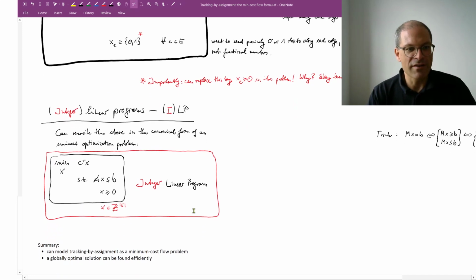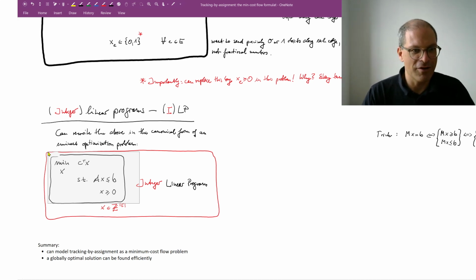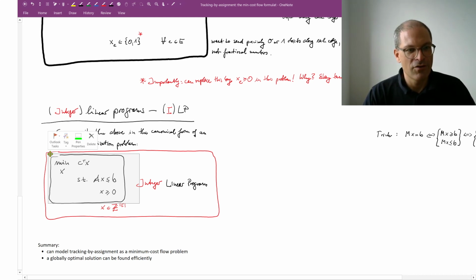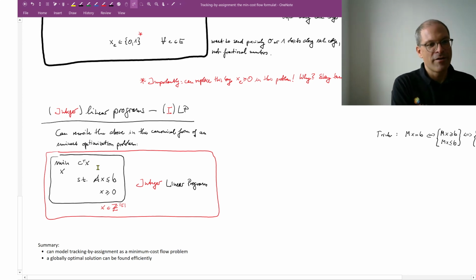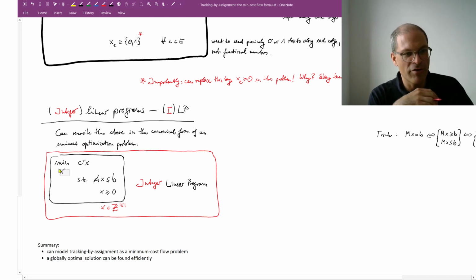What you see in this black box here is the standard form or canonical form of a linear program, and the conventions on how to call this differ a little bit. Why is it called a linear program? Because we're minimizing over a vector x, and the objective function is linear in x.